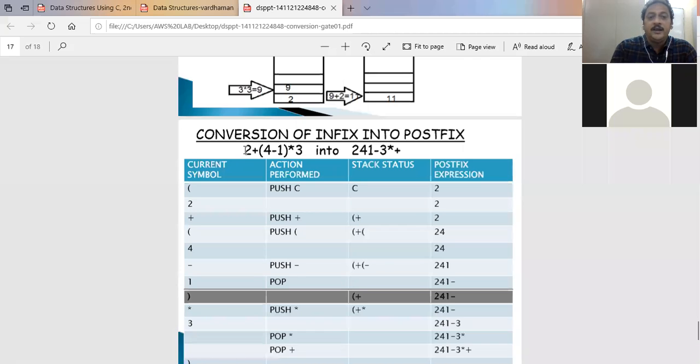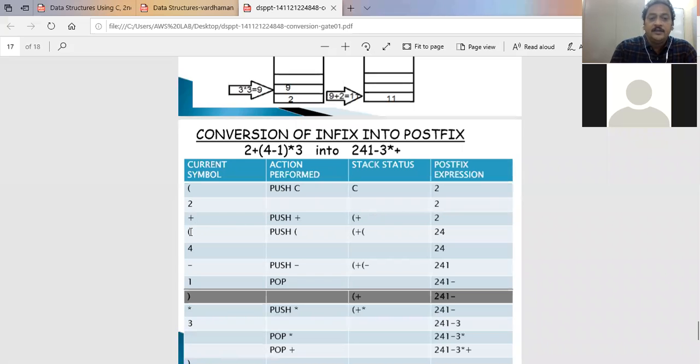In this example, they are taking a left and a right parenthesis also. So the first symbol they scanned is the left parenthesis. After that, they scan 2. After that, the symbol is an operator, plus. Whenever you encounter an operator, push it onto the stack. This is the stage of the stack.